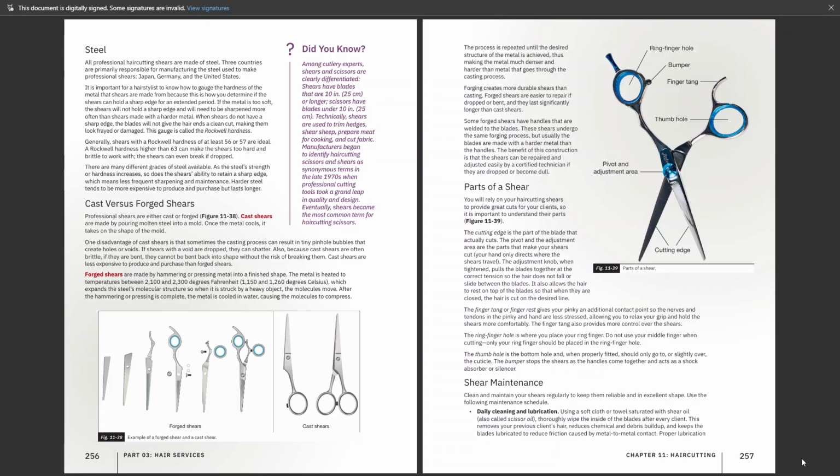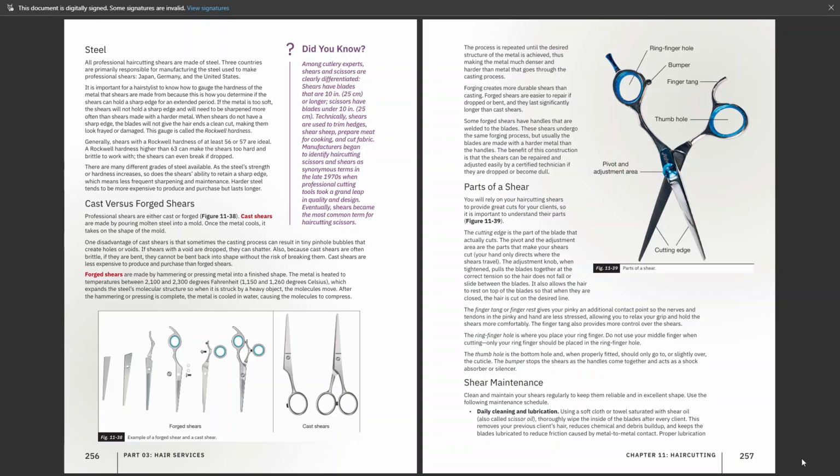Did you know? Among cutlery experts, shears and scissors are clearly different. Shears have blades that are 10 inches, 25 centimeters, or longer. Scissors have blades under 10 inches, 25 centimeters. Technically, shears are used to trim hedges, shear sheep, prepare meat for cooking, and cut fabric.